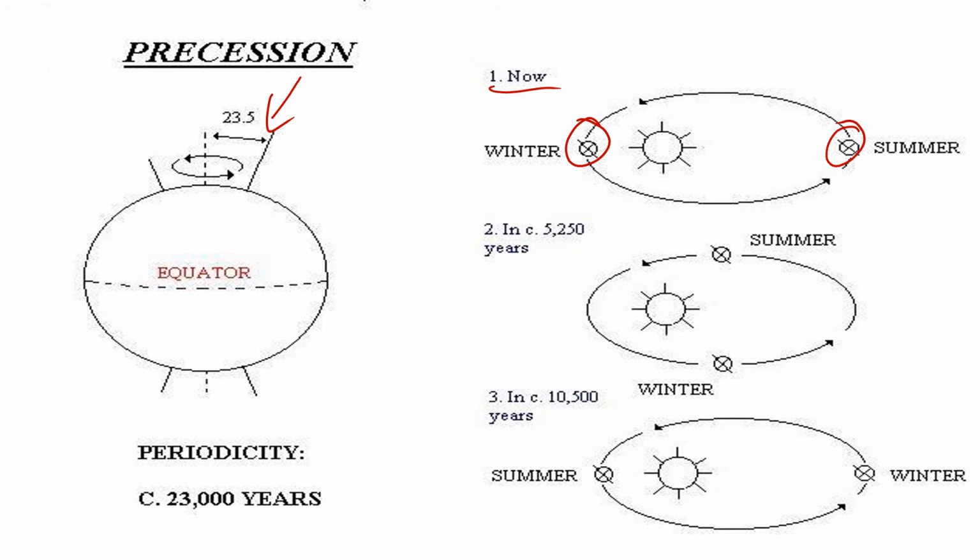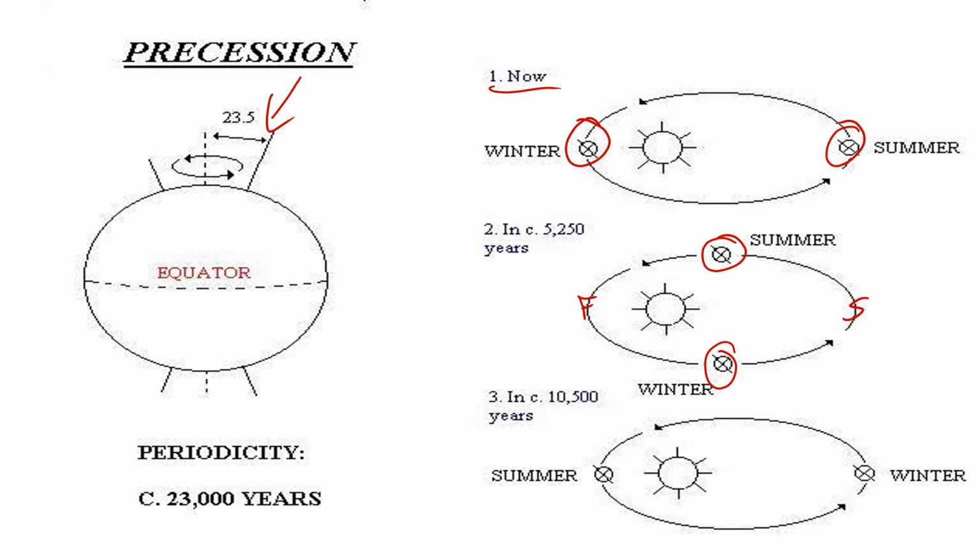So in 5,250 years, our summer will be where our fall equinox is, and our winter will be where our spring equinox is. And so we would have spring here and fall here in our orbit.